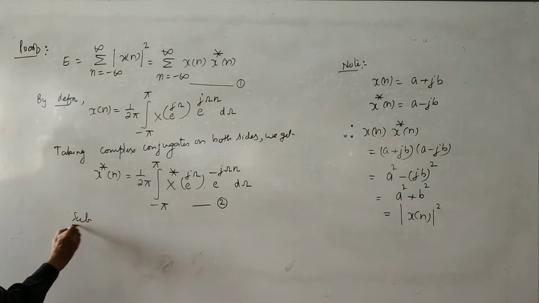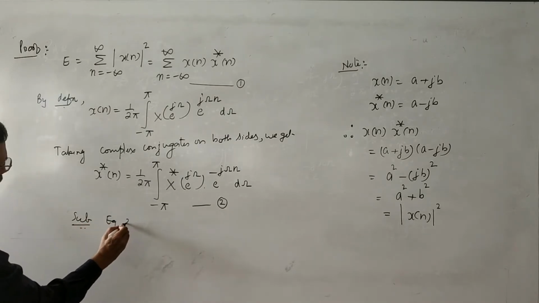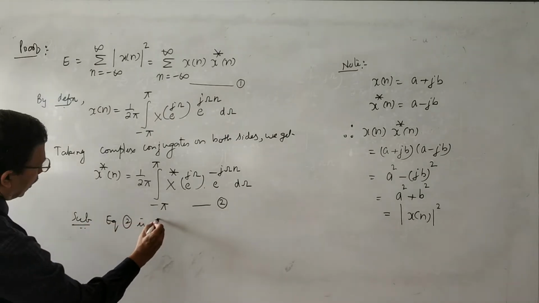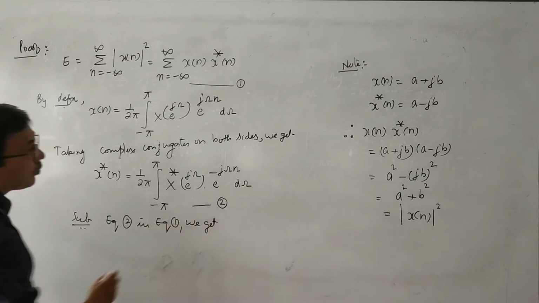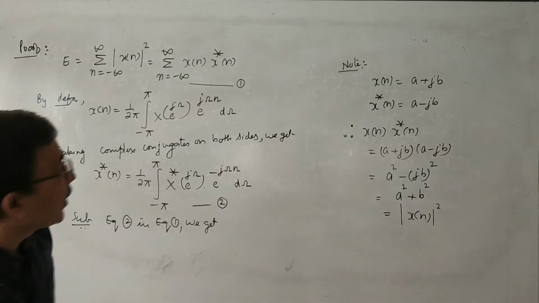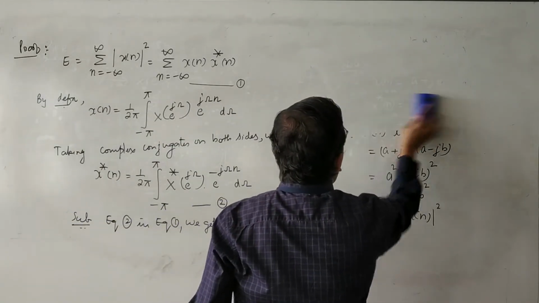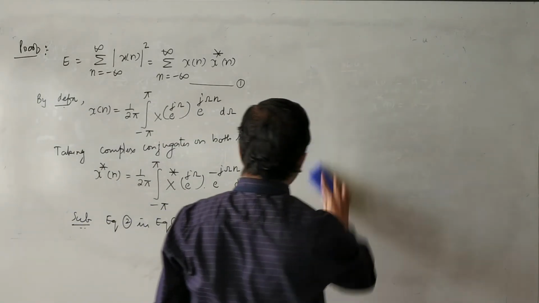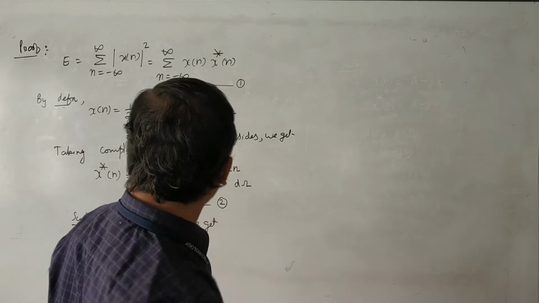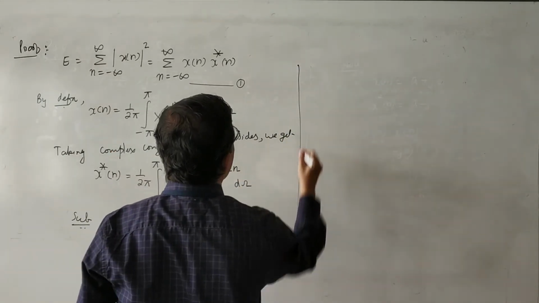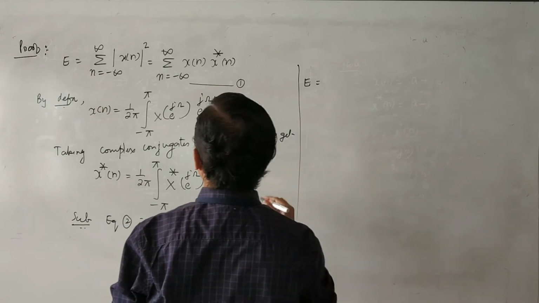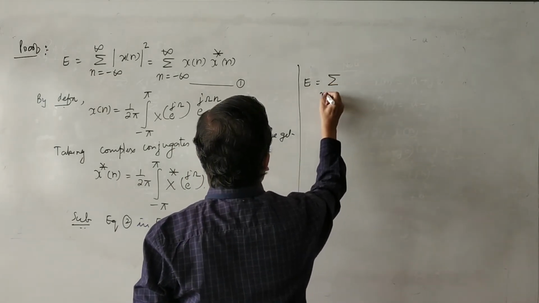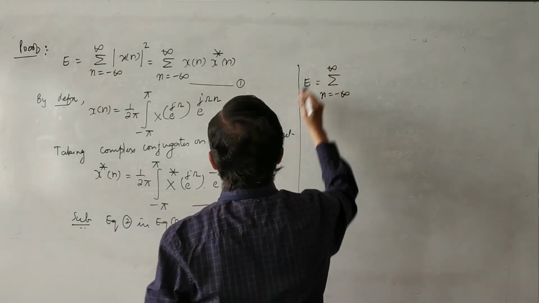Substituting equation 2 in equation 1, we get E is equal to summation n equals minus infinity to plus infinity.